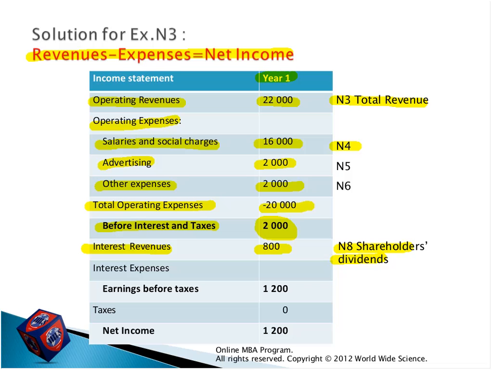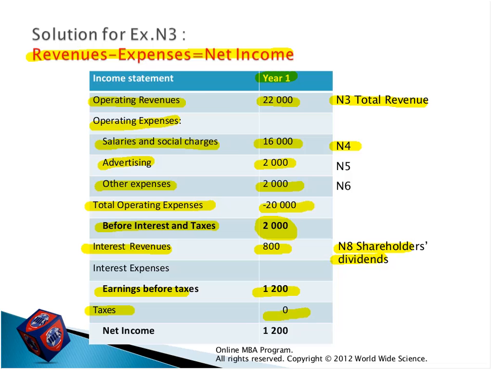Now we are going to make a calculation and see how much earnings before tax we have. Here is 2,000, which is the income before interest and taxes, minus the dividends, 800. We have got 1,200, which is the earnings before taxes. Then we have to deduct our taxes, right, based on the income statement.